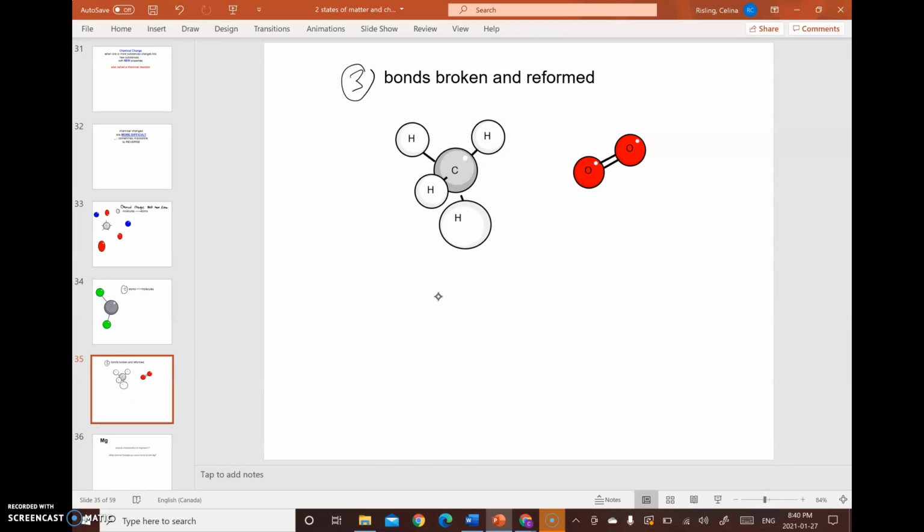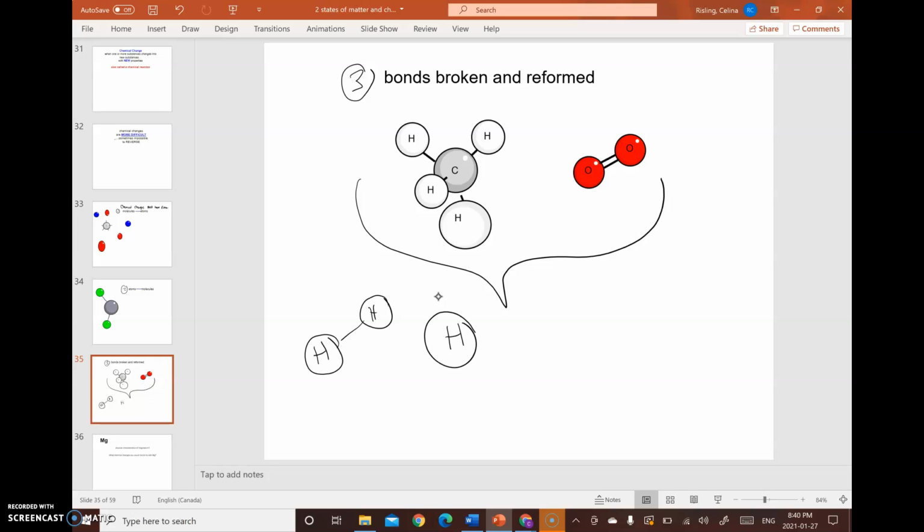This compound, this diatomic element, is now going to change into maybe hydrogen, a new diatomic element, and maybe we have oxygen bonding with 2 hydrogens. So now we have H2O, some water, and then what have we got left? We have carbon bonding with, we'll go with oxygen. There we go. So we have bonds that are broken, and we have completely new molecules.